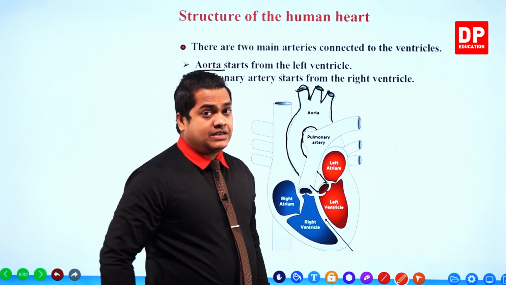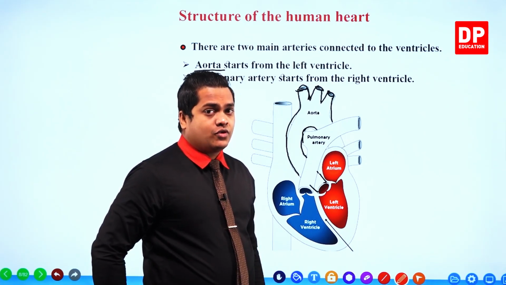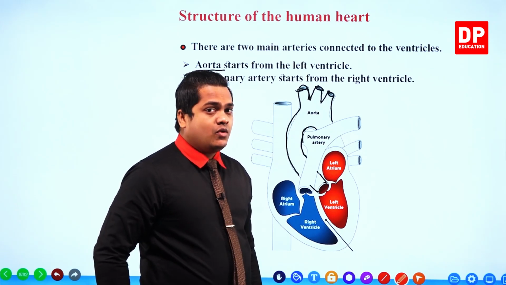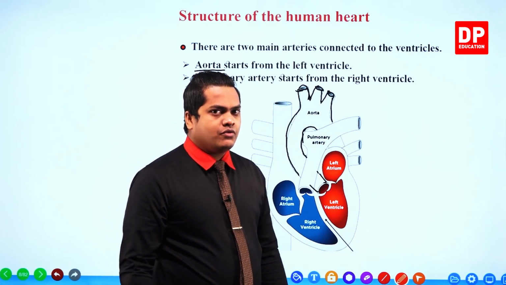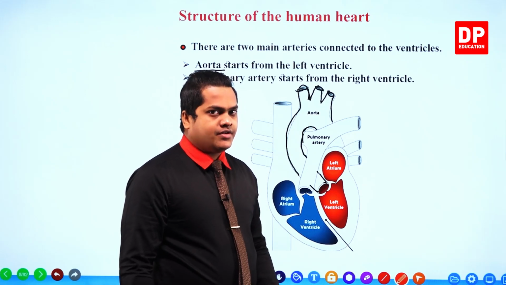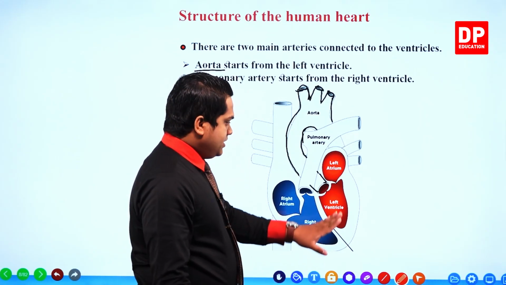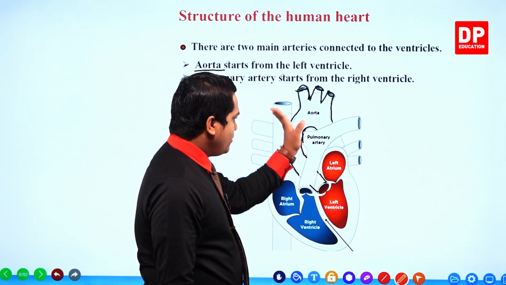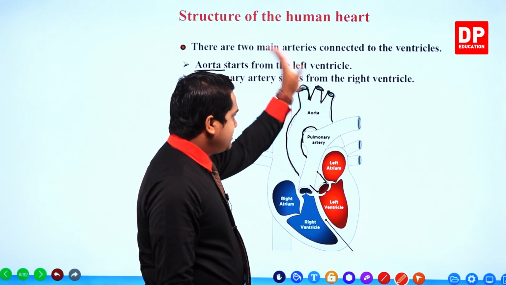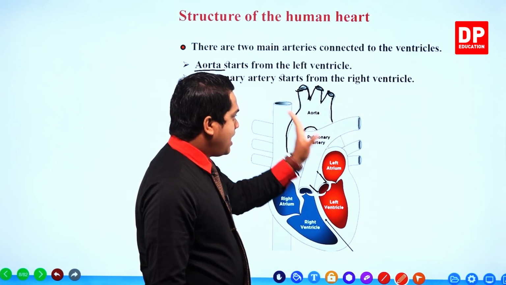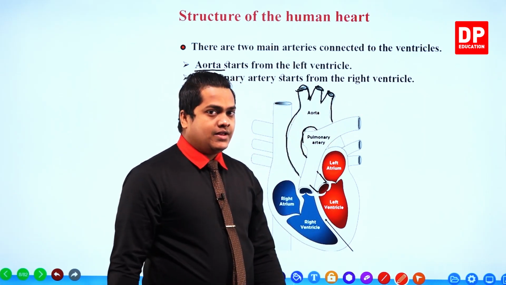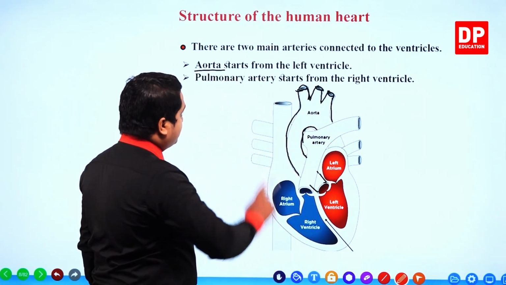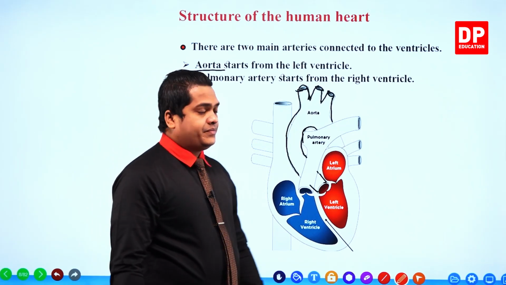Left ventricle is the one which is going to pump blood all around the body. So left ventricle pumps blood towards the aorta, and aorta distributes that blood all around the body. So aorta starts from the left ventricle, right?